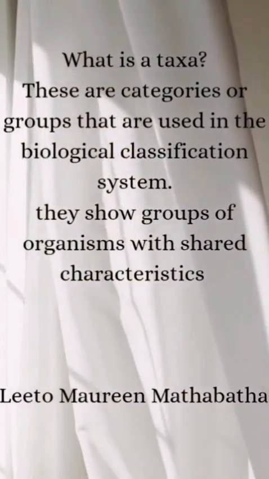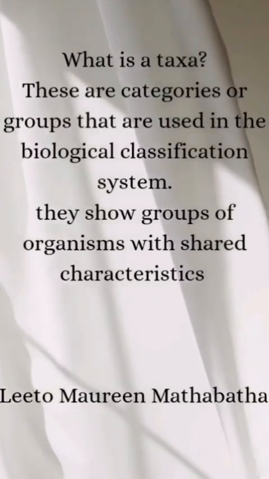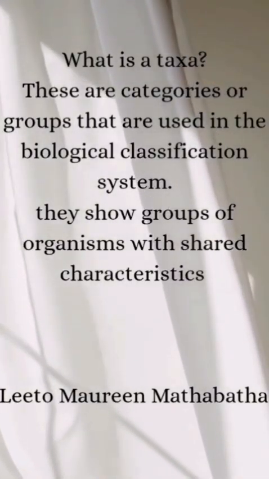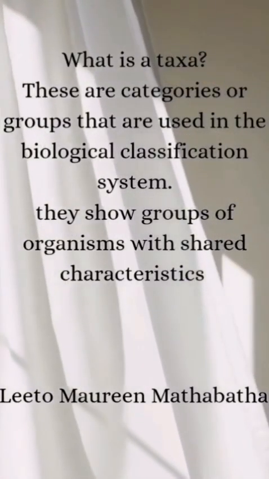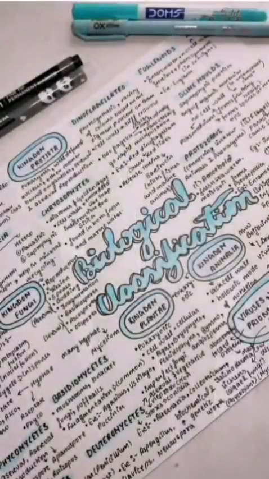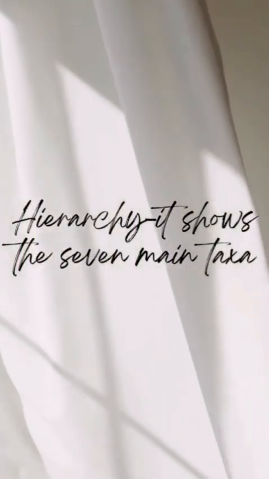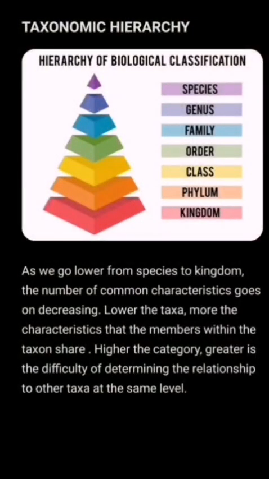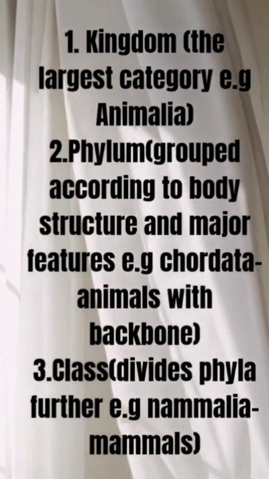So taxa refers to the categories or groups that are used in the biological classification system. They show you how groups of organisms share categories. So we have a hierarchy that shows the 7 main taxa. Remember that as we go lower from kingdom to species, the number of common characteristics increases.